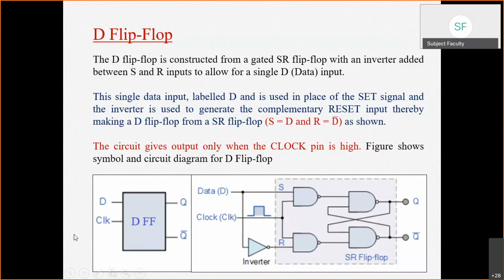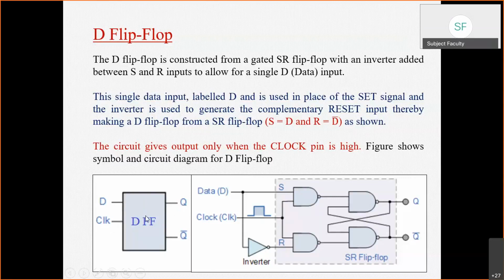Okay, so only one input is there. Until now we have seen two flip-flops, SR and JK. For both of those there were two inputs, but now in this case there is only one input. Obviously the clock will be there and the outputs are again Q and Q bar. So this is the block diagram.